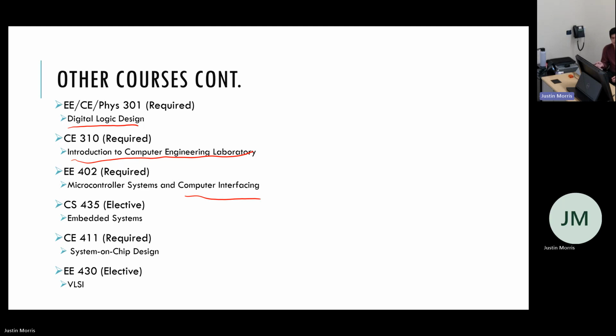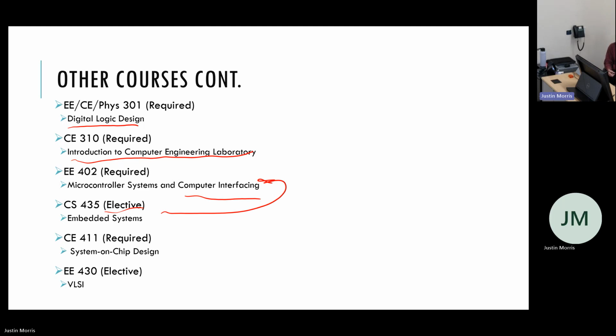So computer interfacing, this is going to be your different protocols, I2C, USB. Okay. So you'll learn about those. And then 335 is one of the electives that you can take. So it's going to, again, be very similar to the microcontroller systems course.